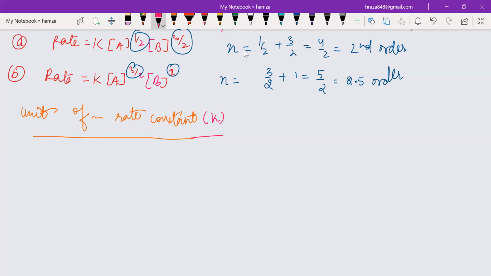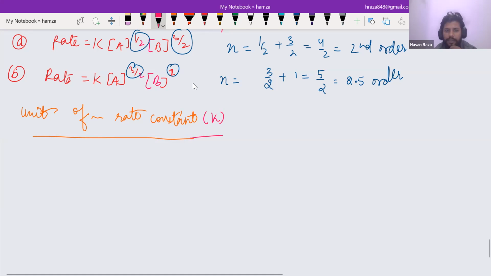What I told you is that different orders of reaction will have different units of rate constant. Let's say we have a reaction where A is converting into product.